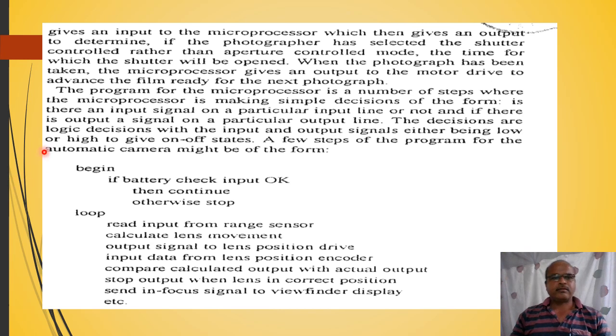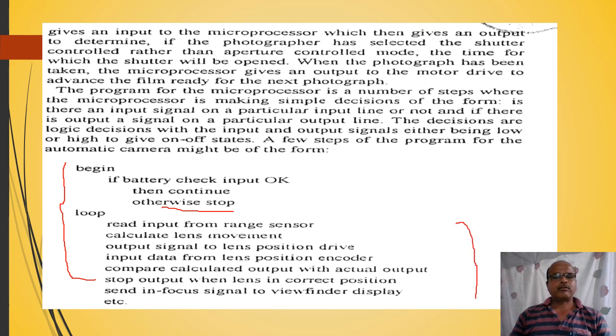So here in the camera also a microprocessor is used. These are a few steps of the program for the automatic camera. First is the process, that is begin. If the battery check input is okay, then continue, otherwise stop. Then this is a loop.